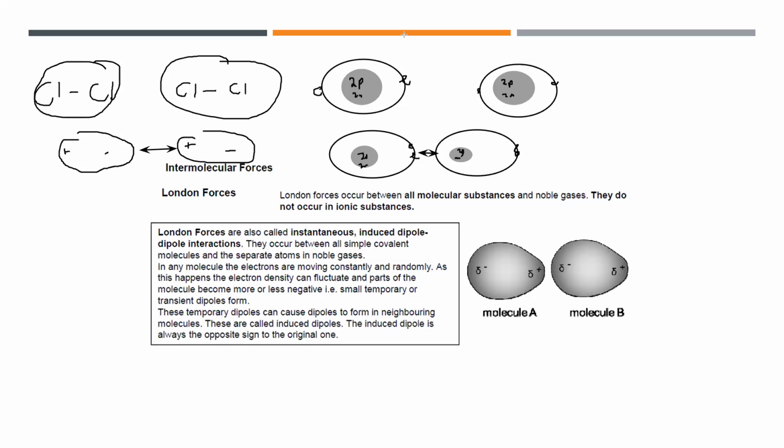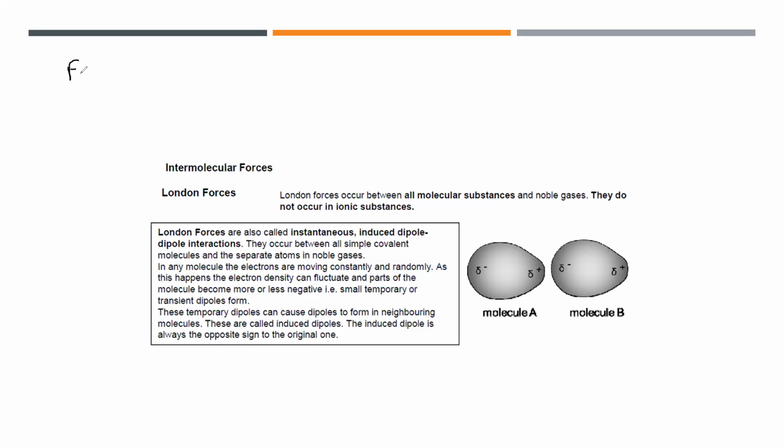If a question is, as we go down the group, like fluorine, chlorine, bromine, iodine, why is the melting point or boiling point increasing? The reason is there are more electrons. So the London dispersion forces, or weak van der Waals forces, get stronger as the number of electrons and size increases.